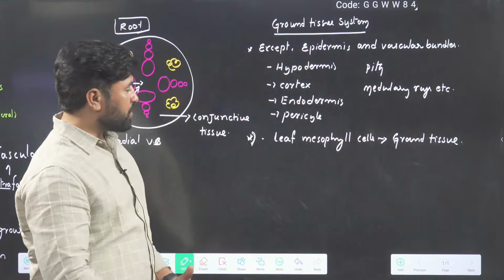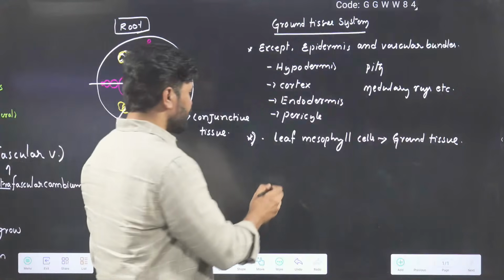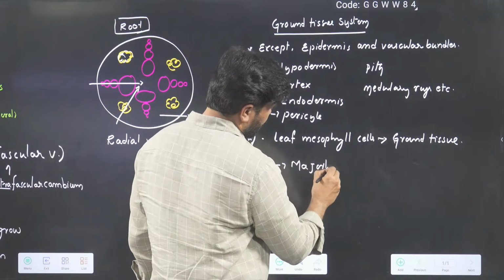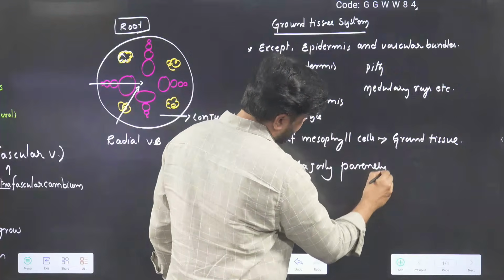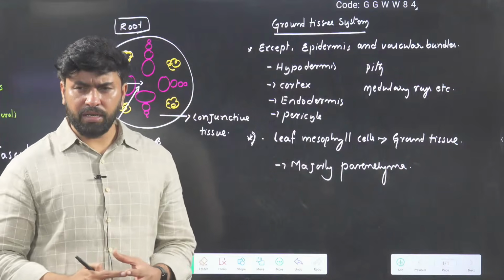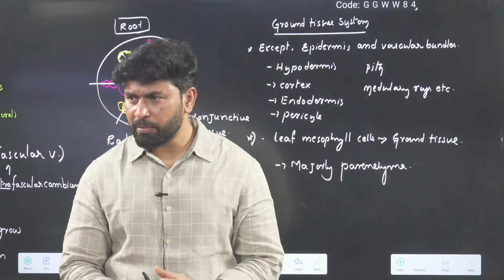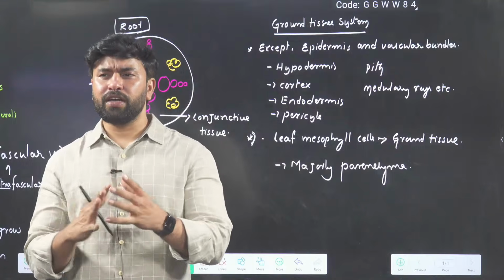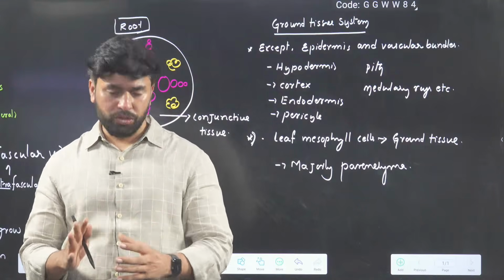When you talk about ground tissue, what are the tissues you can count there? The tissues over there, majorly parenchyma. Rarely sclerenchyma. Very rarely you will find collenchyma. Apart from that, okay, you don't find extraordinary organization in ground tissue system. Okay, this is about ground tissue.